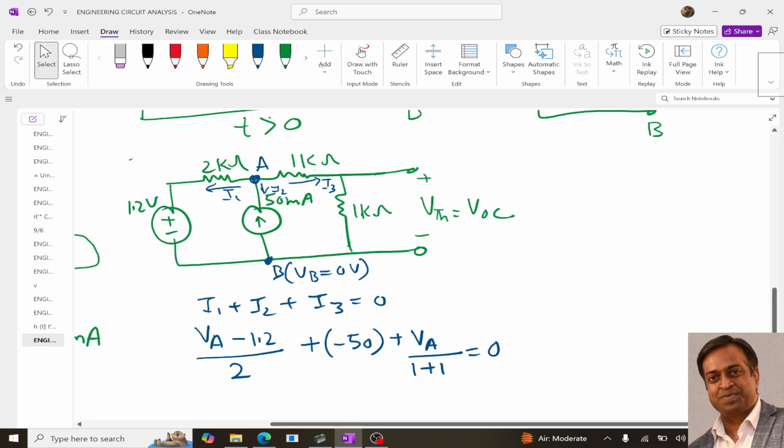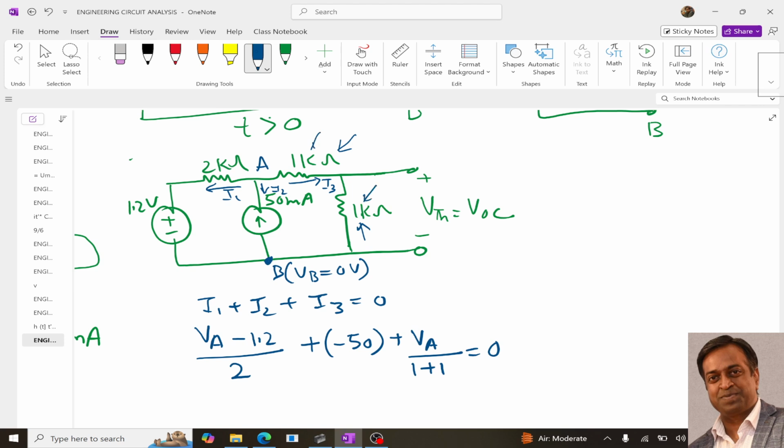You can see that from VA we have not only this 1 kilo ohm, we also have this one, so we write 1 plus 1. Since all the resistors are in kilo ohms, (VA minus 1.2) upon 2 will give the answer in milliampere, because the unit of this 2 is kilo ohm.